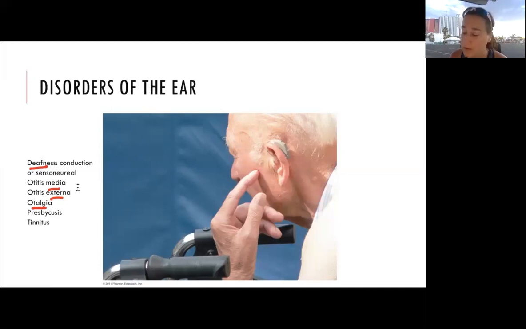He was suffering from presbycusis. And then there's tinnitus. Anybody ever been exposed to that? Been to a club or a concert and the music was really loud, and you had ringing in your ear? That's tinnitus. And vertigo is when your balance is off.